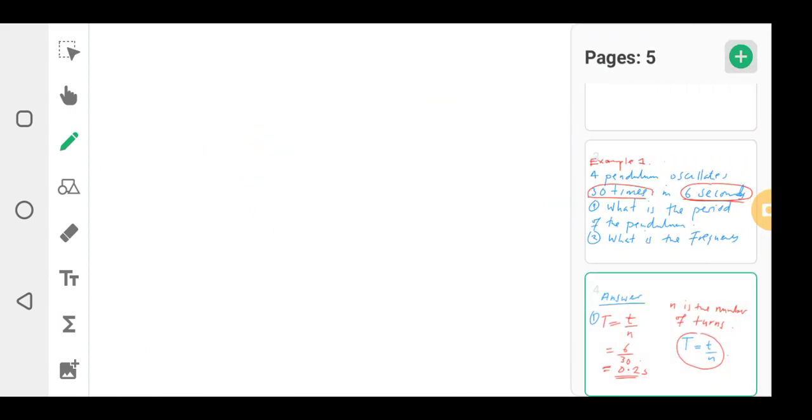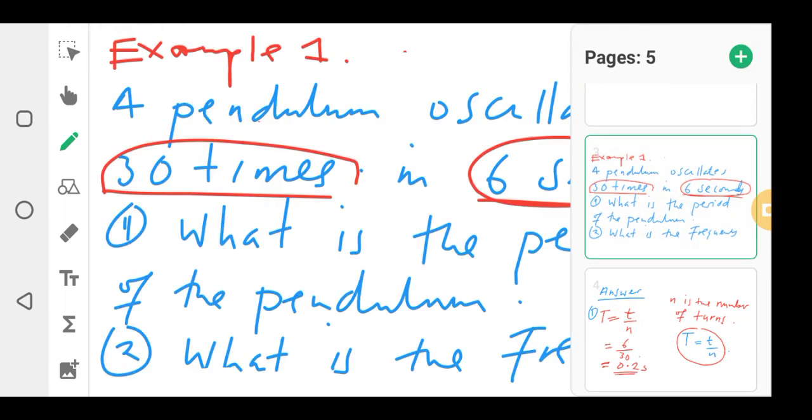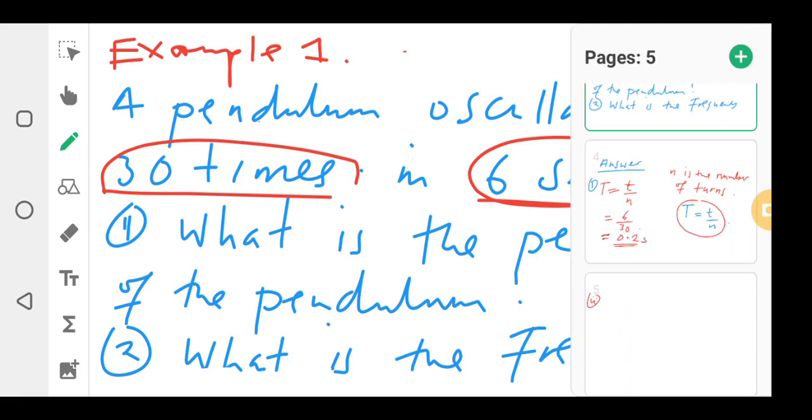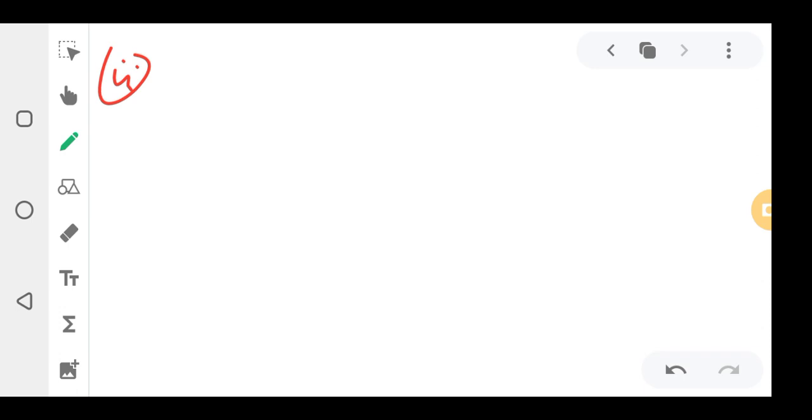The second question says, what is the frequency? So we're calculating the frequency of the pendulum. Now, the formula for the period of the pendulum is t over n. You see these t's are following one another in one line.